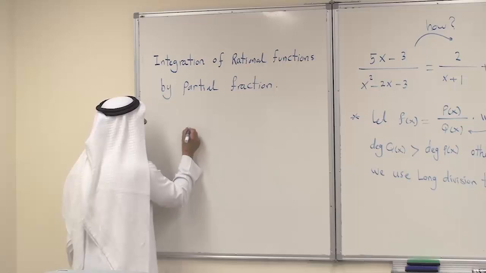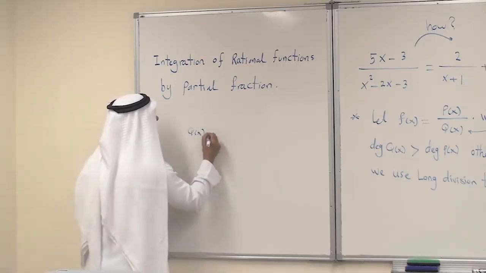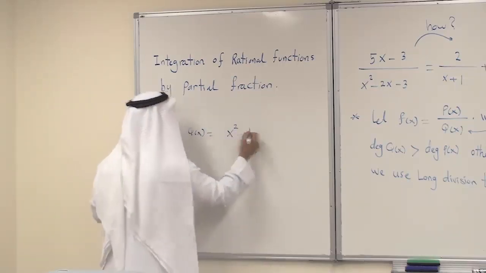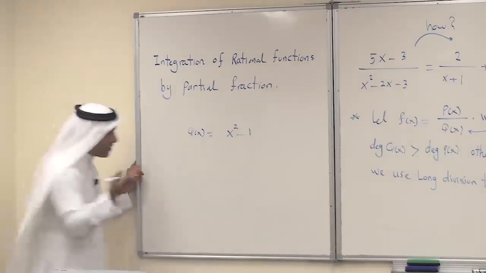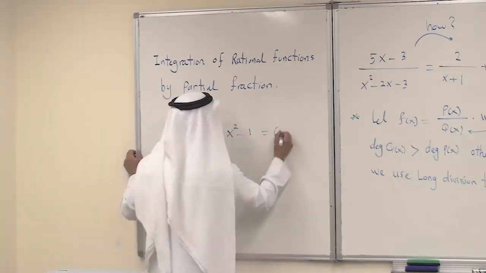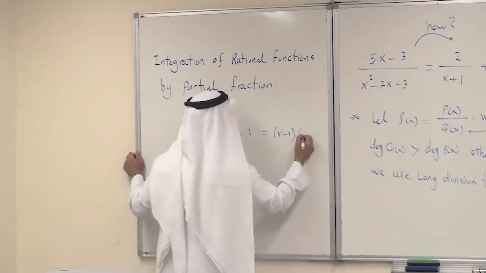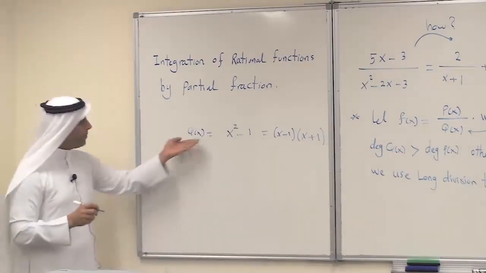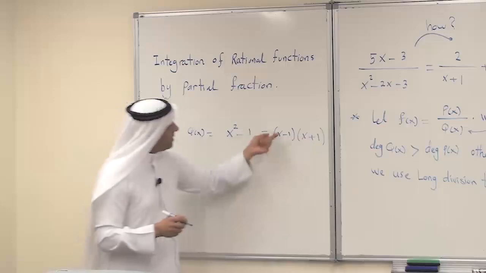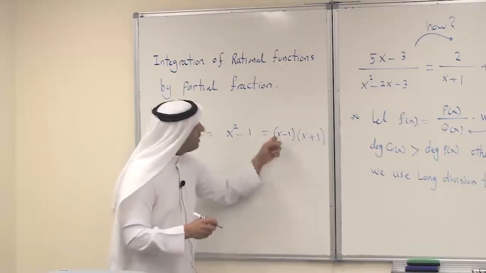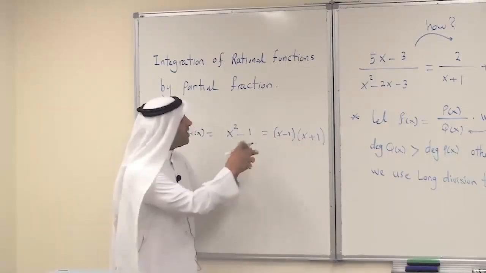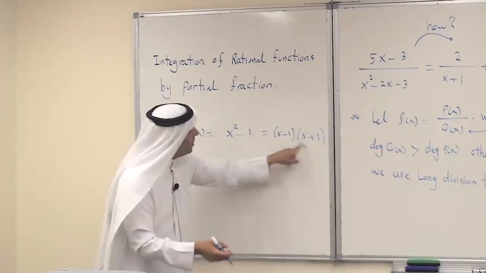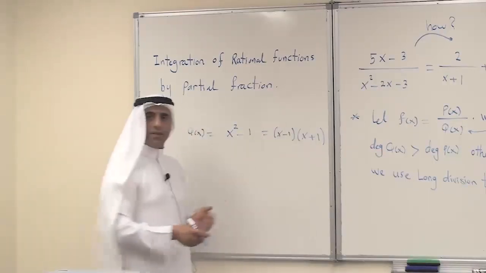For example, if Q of x is, let us say, x squared minus 1, simply. You can see easily this is equal to what? X minus 1 times x plus 1. So what do we have in this case? We have a polynomial that is factored out into two factors which are not the same, so distinct linear factors, each of which is a polynomial of degree 1.